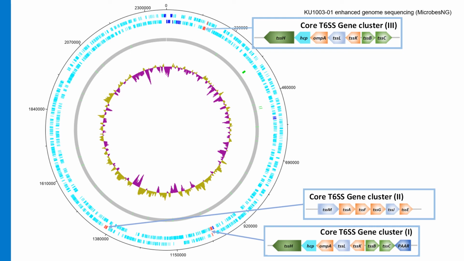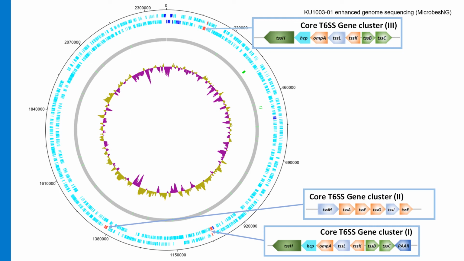So cluster 1 at the bottom of the screen has a complete duplication, 100% identity at the top of the screen as well, elsewhere on the chromosome. So we didn't anticipate this at all. We didn't see that when we had the contigs in the draft genome. It was only when we had this complete long read closed circular genome that we were able to find this there. So that was exciting for us and really justified doing the genome sequence just on its own before we'd even got to do the VGRG sequences.